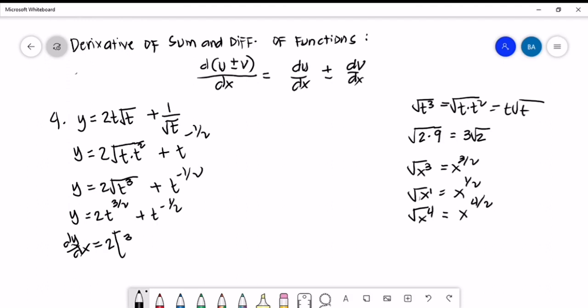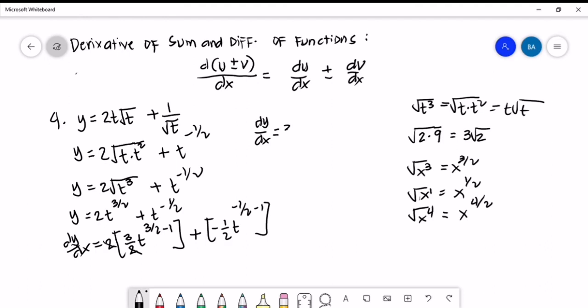Bring down the exponent, which is 3 over 2, copy the t, then 3 over 2 minus 1, and then plus, bring down the exponent negative 1 over 2, then t raised to negative 1 half minus 1. Overall, the 2 here will be cancelled out, so we have only 3.